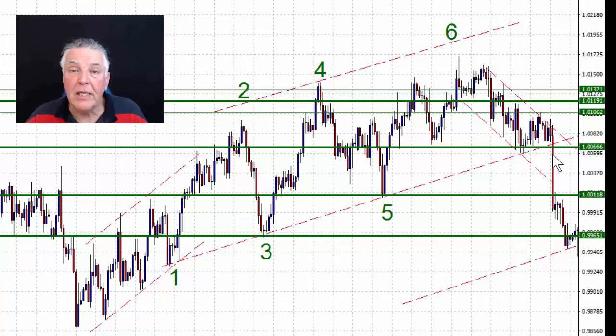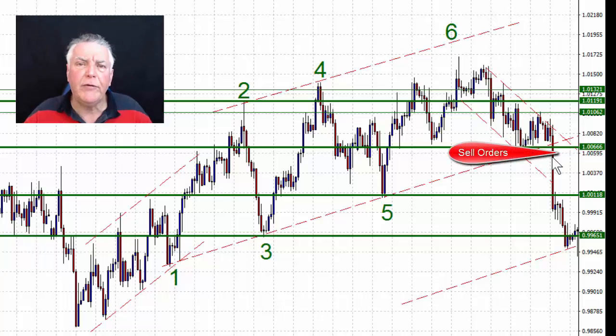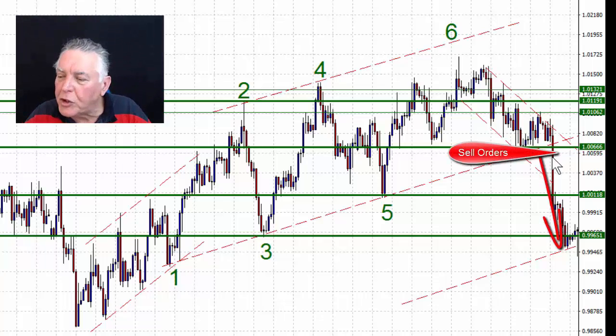And what would happen is the straddle traders would put a buy order above that consolidation and a sell order below that consolidation. The channel traders would put a sell order below the breakout point. The support and resistance traders will put sell orders just below that breakout point. So what happens? The price breaks out, it encounters this huge amount of sell orders, and boom, it just shoots off with volatility, and that's what we're looking for.